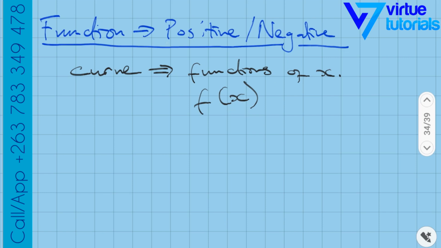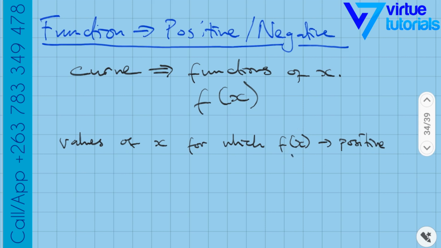There are values of x for which the function is positive, for which this is a positive result. And then there are values of x for which the function will be negative, or for which the function will give you a negative answer, right?